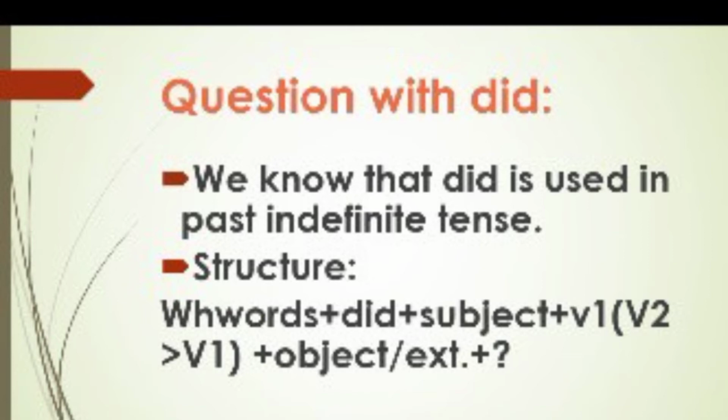You remember that at the time of making a question in the past indefinite tense, you have to write down verb 1. You have to change verb 2 into verb 1. That means the past form is changed into the present form. And then the object or extension, and at the end you have to put a question mark.